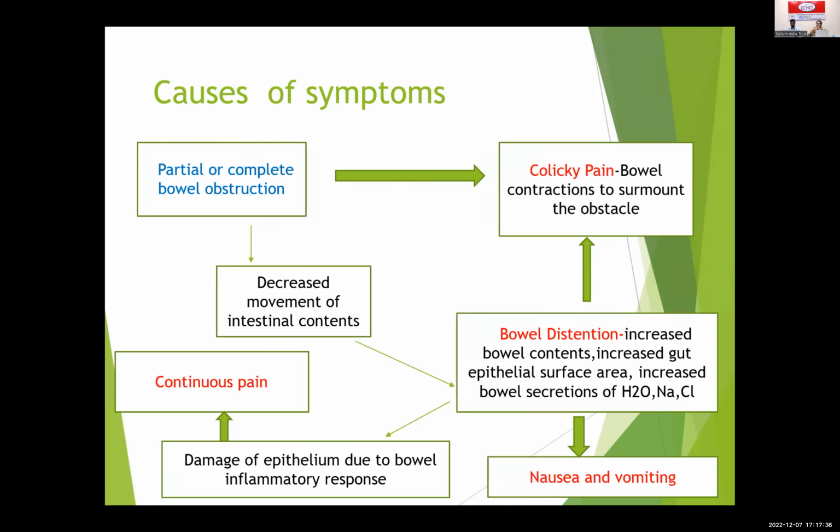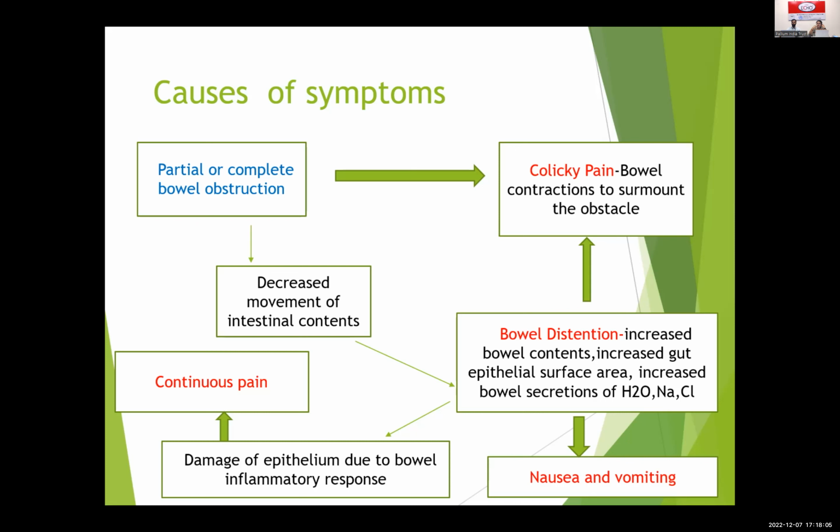Yes, history taking. The history itself will tell you where the obstruction is. If the patient is having high volume vomitus, severe pain, not passing flatus, or is having constipation, it indicates a higher level obstruction.